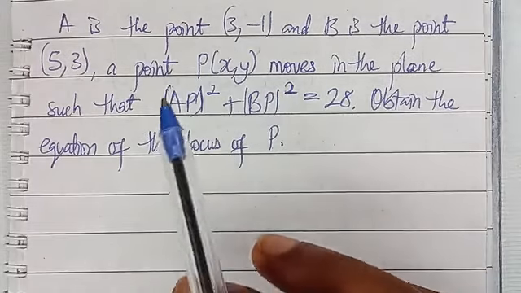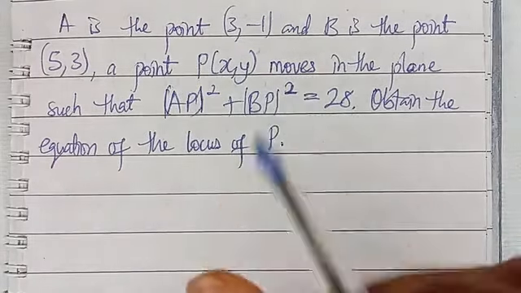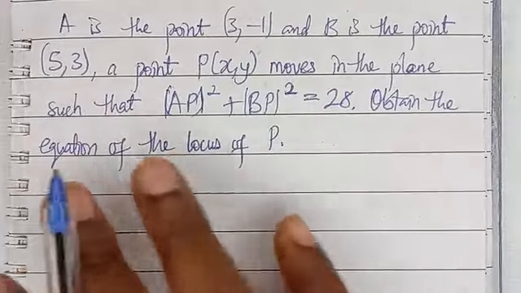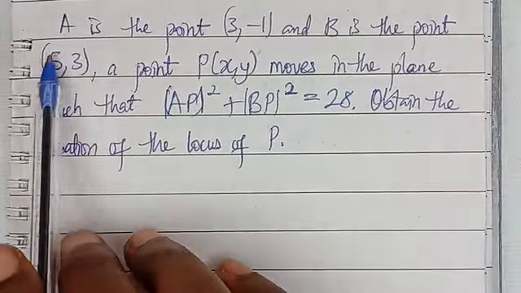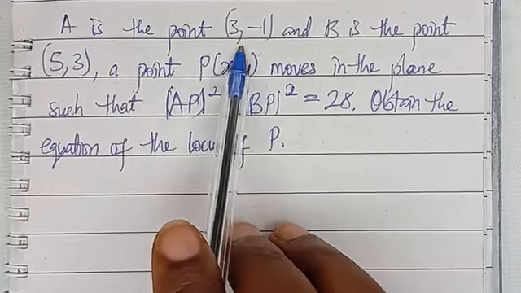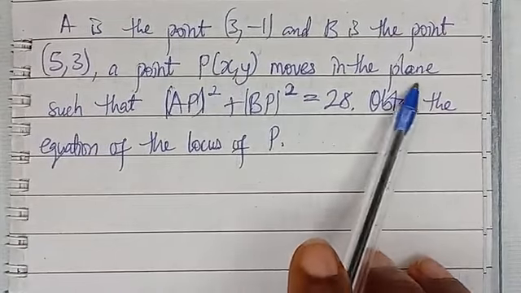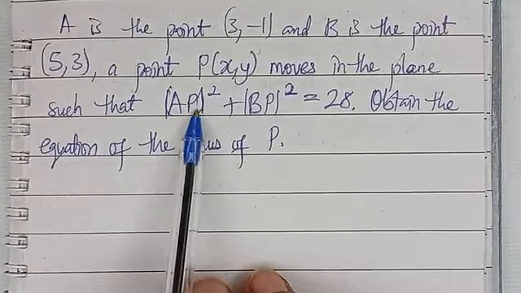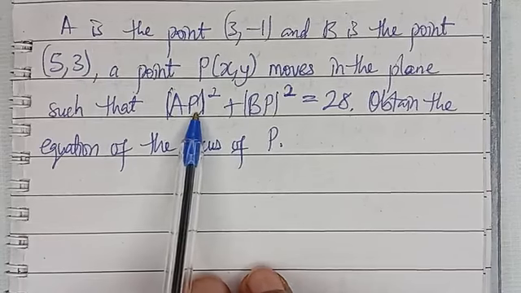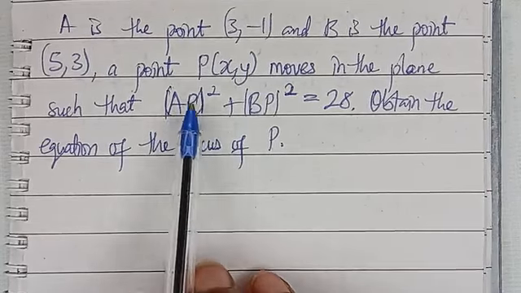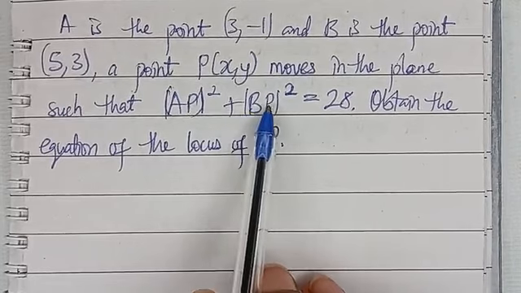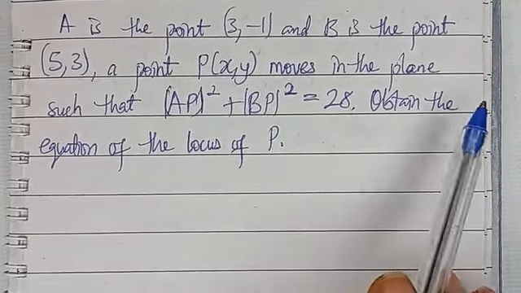Now before we go, let us also solve this so we can actually prove that we've mastered what we just learned. A is this point, and B is this point. A point P moves in the plane such that the distance AP squared plus the distance BP squared is equal to 28.